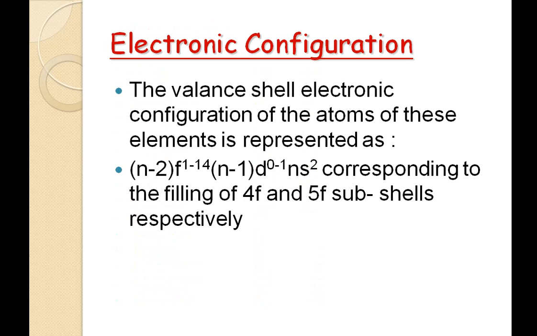The valence shell electronic configuration of the atoms of these elements is represented as (n-2)f 1 to 14, (n-1)d 0 to 1 and ns2. This corresponds to the filling of 4f and 5f subshells respectively.